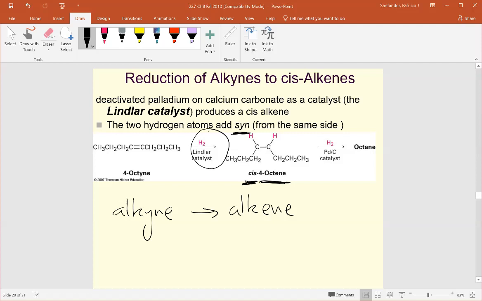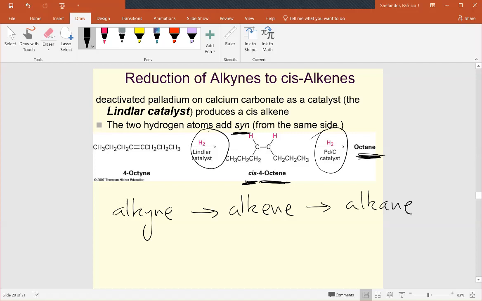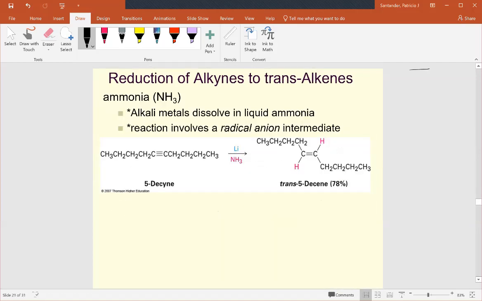If you really want to get the alkane, in that case, you will have to use hydrogen and palladium in order to go from the alkene to the alkane. Then the other method of reduction is using lithium in ammonia.